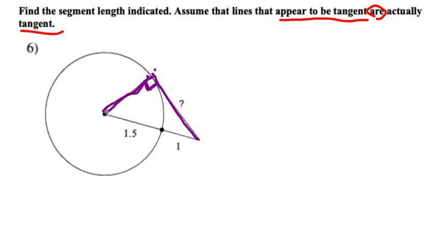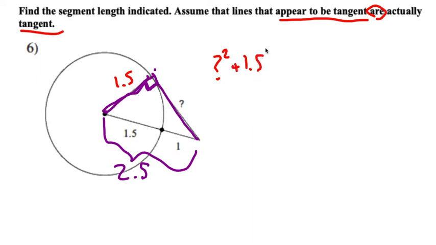Now, if you look carefully, the radius is 1.5 and this is 1, which means this whole side length, which happens to be the hypotenuse, is 2.5. Here's our question mark, what we're trying to figure out. What is this length? Wait, that's a radius. What that means is it is also 1.5. So we happen to know that question mark squared, which is a leg squared, plus 1.5 squared has got to equal 2.5 squared.